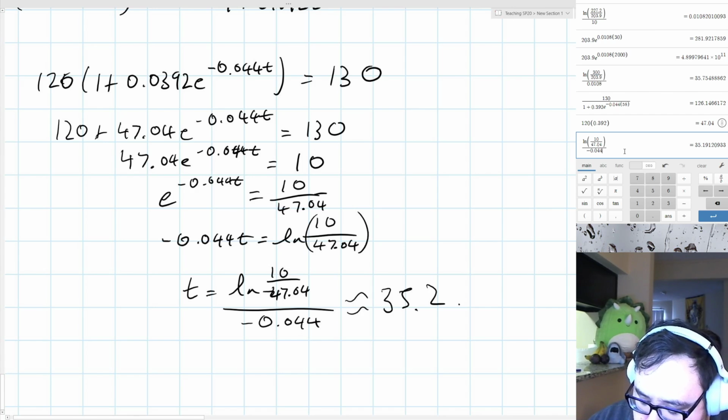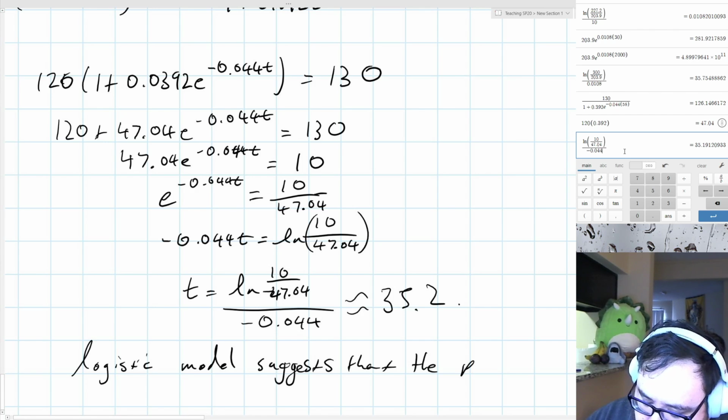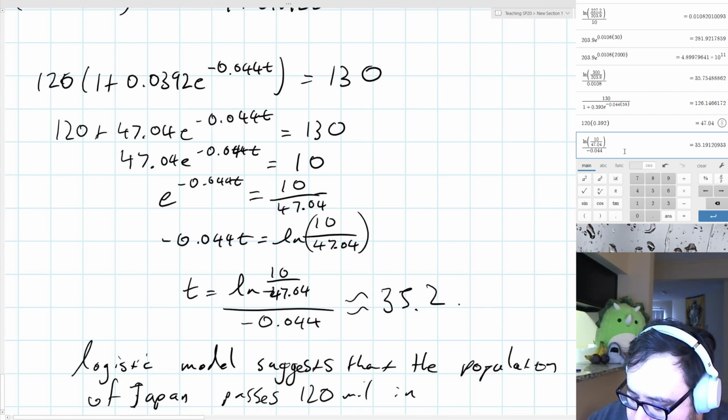So the logistic model suggests that the population of Japan passes 120 million in 1996.